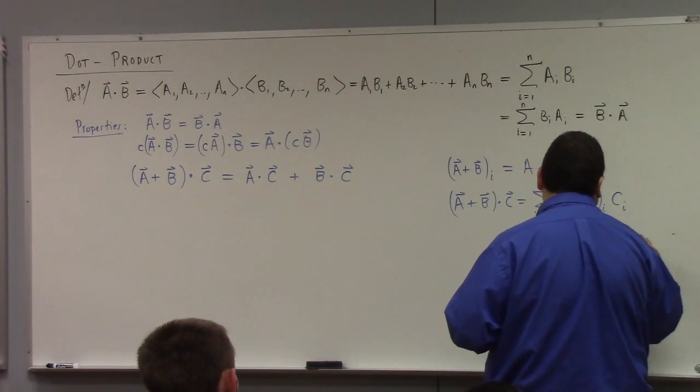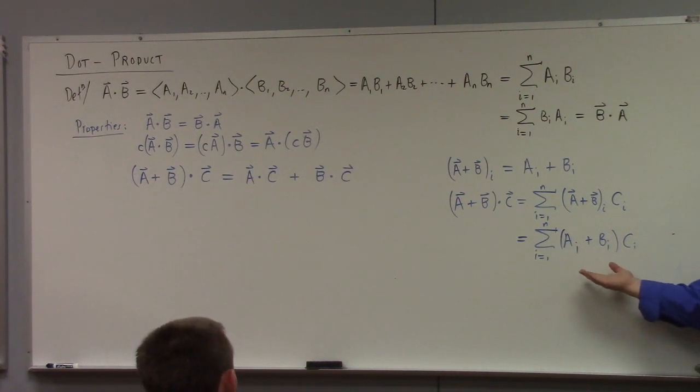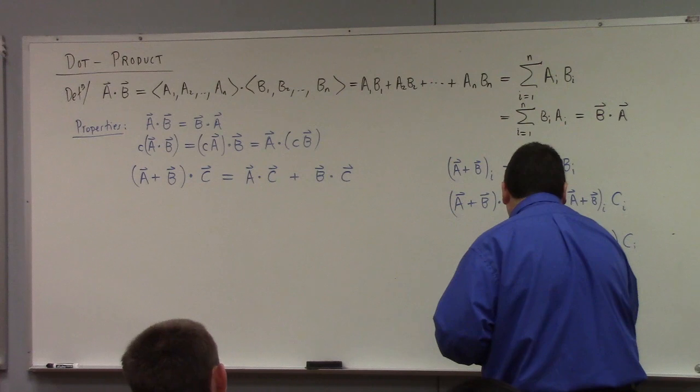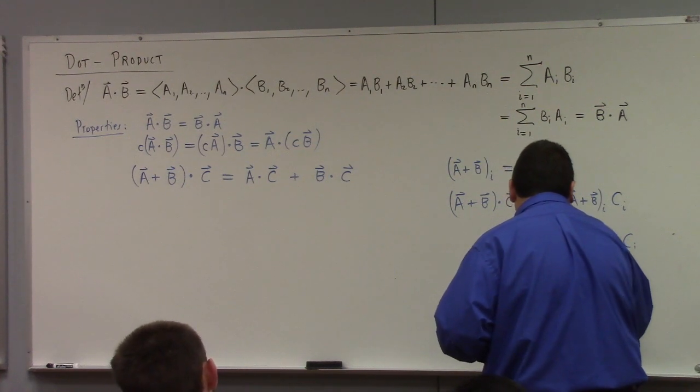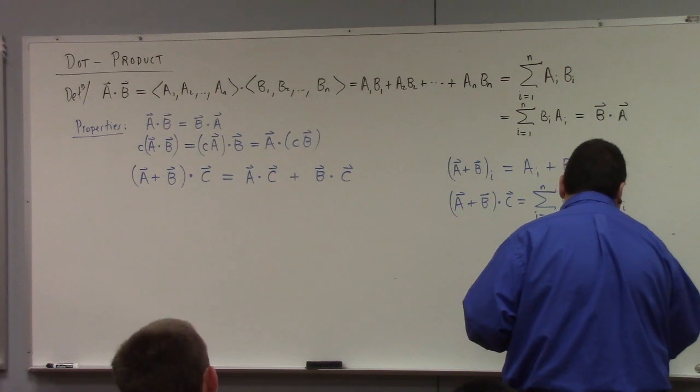Now, the advantage of writing this is these are just the components, the scalar components I was talking about at the start of class, right? Those are numbers. Do numbers have a distributive property? They do, right? Real numbers. So this we can rewrite as the sum i equals 1 to n of (A_i C_i plus B_i C_i).